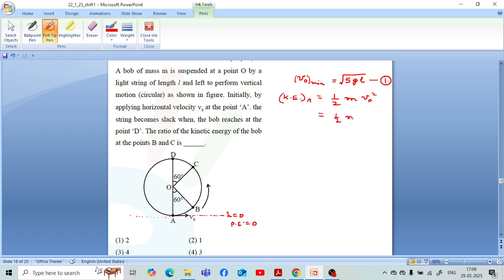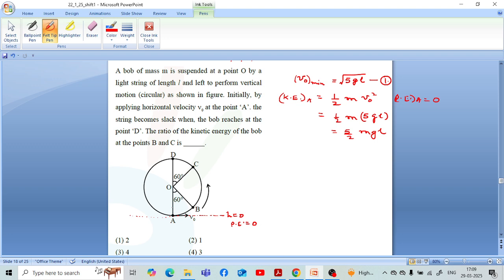So the kinetic energy becomes half m multiplied by 5gL, which we can write as 5 by 2 mgL. So this is the kinetic energy at point A. The potential energy at point A is 0 because we have taken this point as a reference, with height 0.